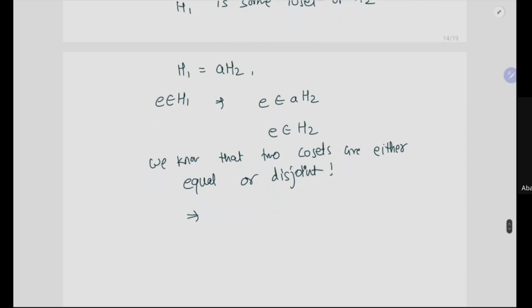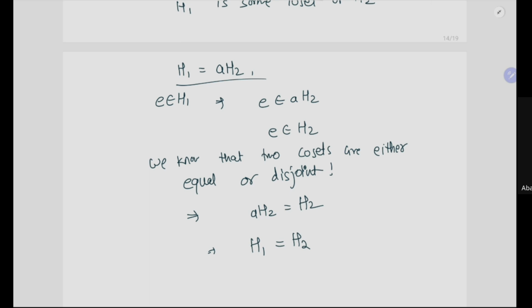Since E belongs to both AH2 and H2, this implies that AH2 is nothing but H2. And what we have from here is that H1 is H2.